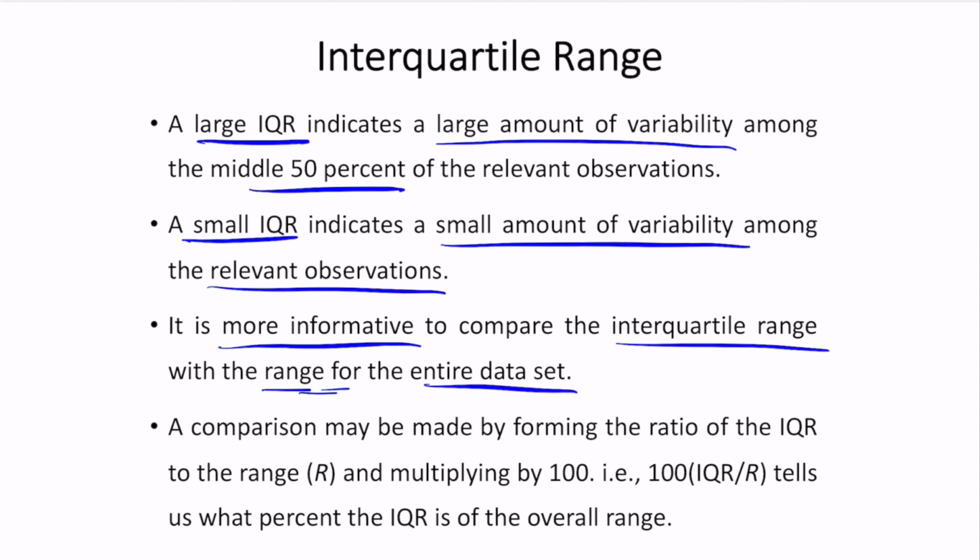One way of comparing them is to take the ratio of the interquartile range to the range and multiply it by 100. It says how much of the range the interquartile range is occupying. As the value goes closer and closer to 100, the IQR is a better representation of the entire data. So this is how we know the interquartile range advantages.